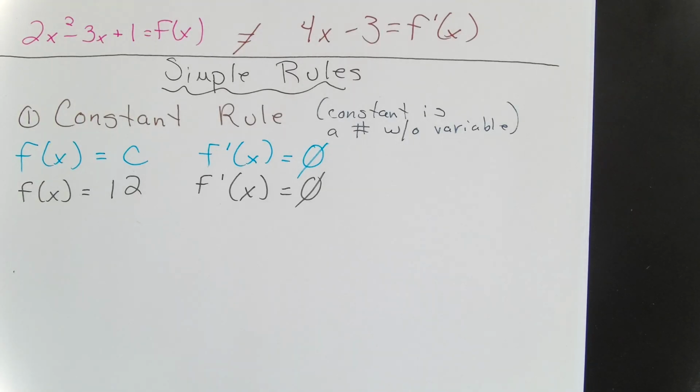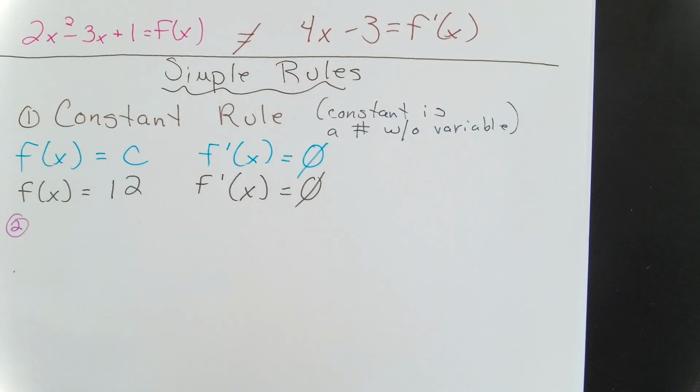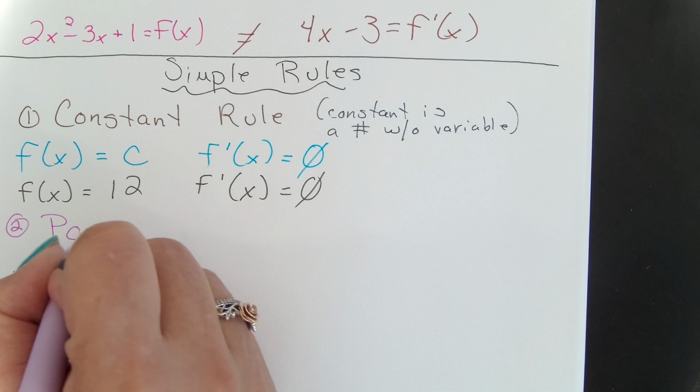Okay. I'll try to slow down. The second rule, and one of the most important because we're going to be using this throughout the rest of the semester, throughout the first quarter in semester 2, is the power rule.